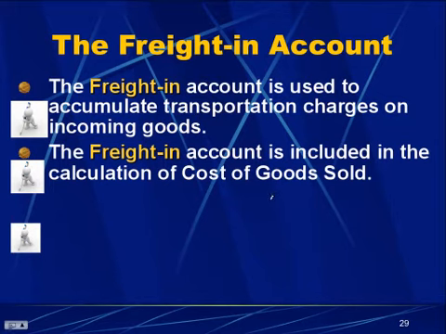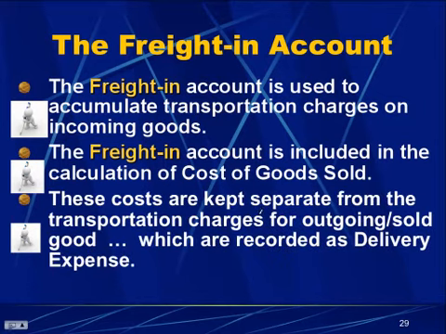You're going to see this. These costs are kept separate from the transportation charges for outgoing sold merchandise. When you buy the merchandise and it comes in, use the freight in account. When you sell the merchandise, you're going to use the delivery expense account.